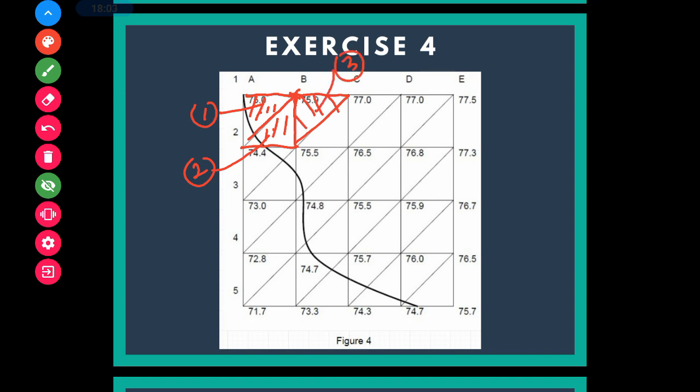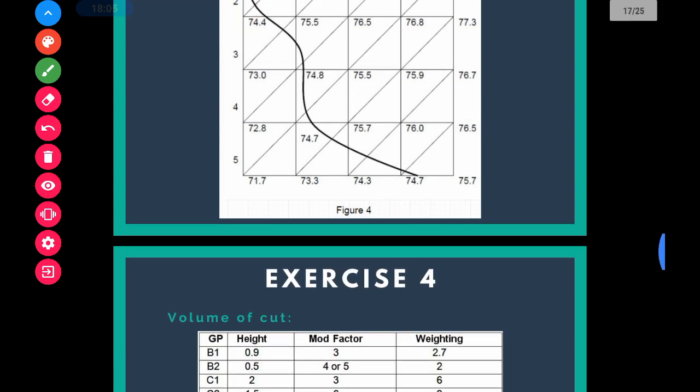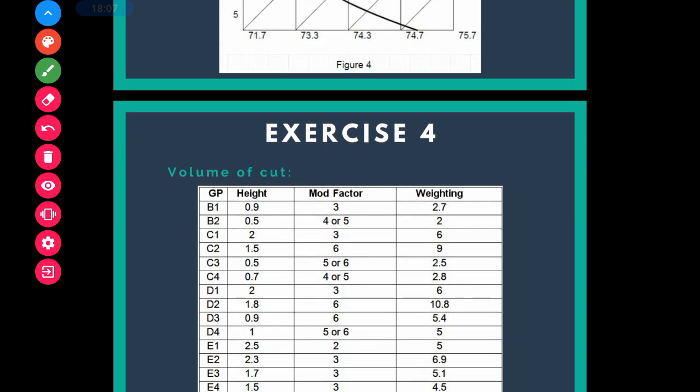So for the mode factor it will be 3. In order to get the weighting, you multiply the height with the mode factor, so you will get the weighting.